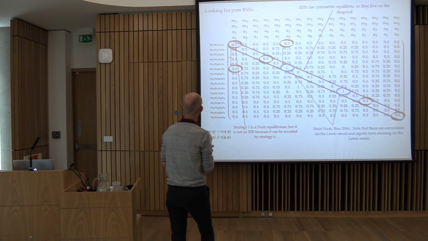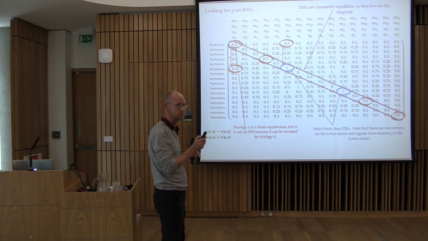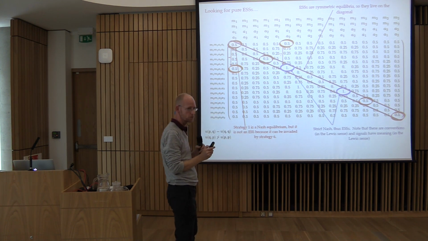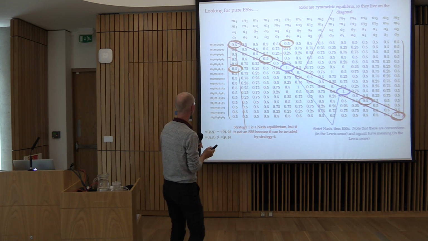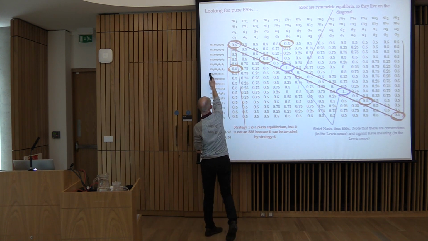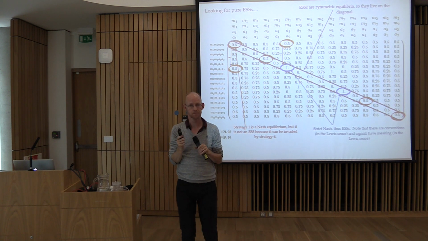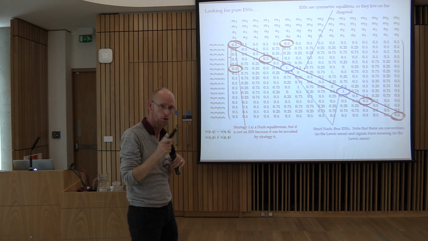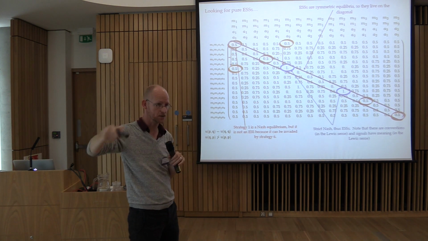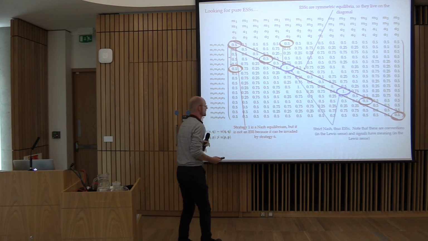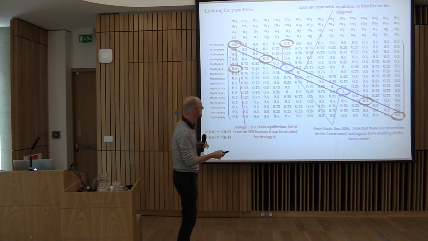So that means that the first strategy is not evolutionary stable. The first strategy is a Nash equilibrium, but it's not evolutionary stable because there's another strategy that does equally well against it, but does not do worse against itself. So that means that those red ones are not evolutionary stable.